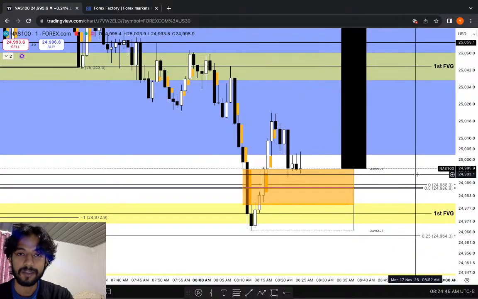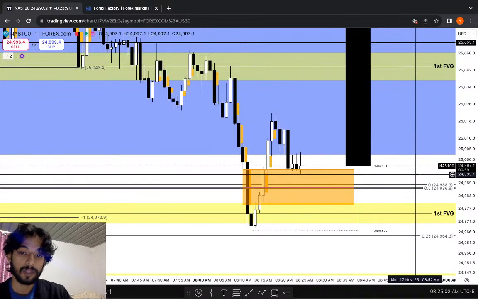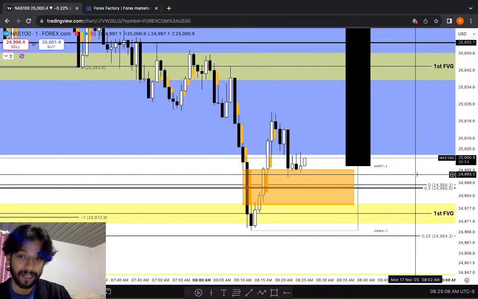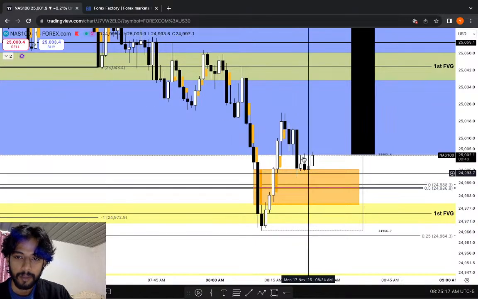Everything is predetermined. So if you are a computer science student, then you should know about the if and then syntax. You have to think from that mindset. If this, then that. If price does not do this, then we don't do anything. We just simply wait.